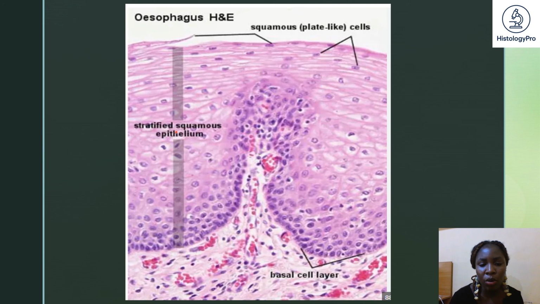So this is how it looks. You can see the deepest layer, the basal cell layer, which is attached to the basement membrane, is cuboidal to columnar in shape, while the superficial layer is squamous, plate-like cells. This is how non-keratinized stratified squamous epithelium looks.